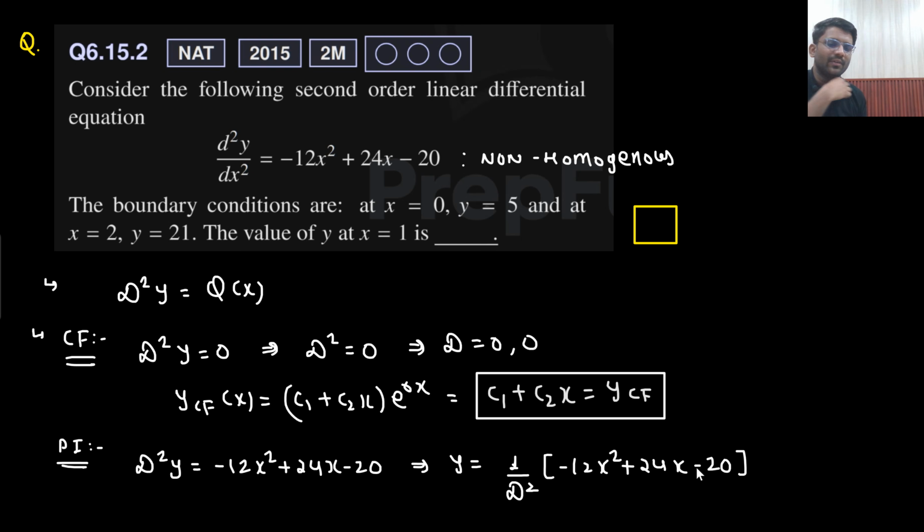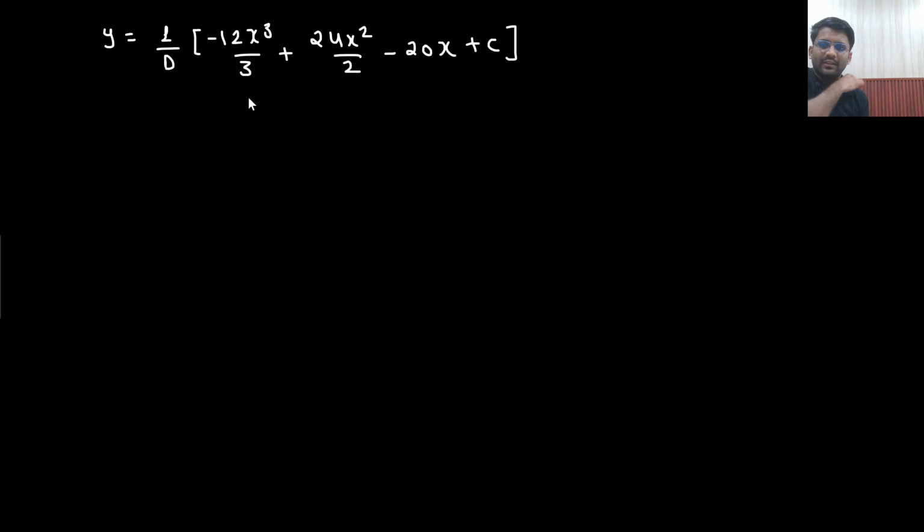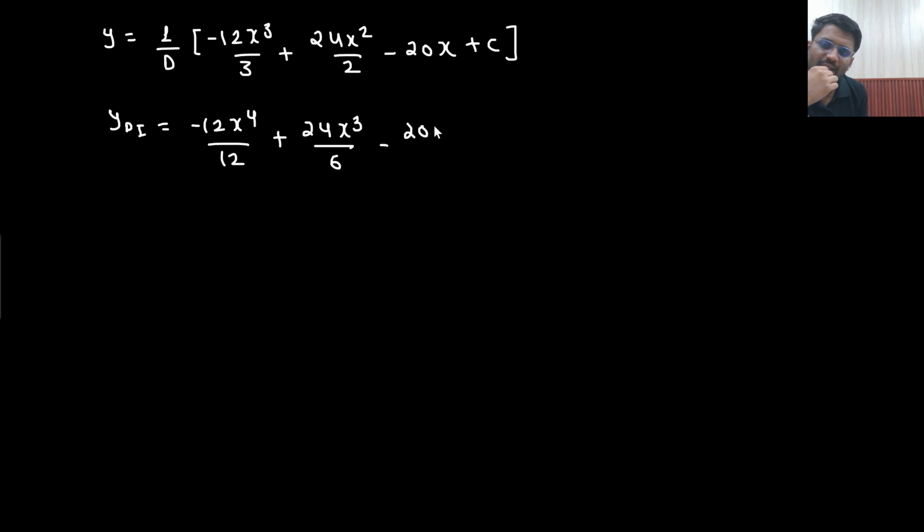Next, again you integrate. So minus 12 x to the power 4 divided by 4, so it will be 12, 24 x to the power 3 divided by 3, so it will be 6, minus 20 x square by 2 plus cx plus some constant d, right? Another constant d would also come up, no?